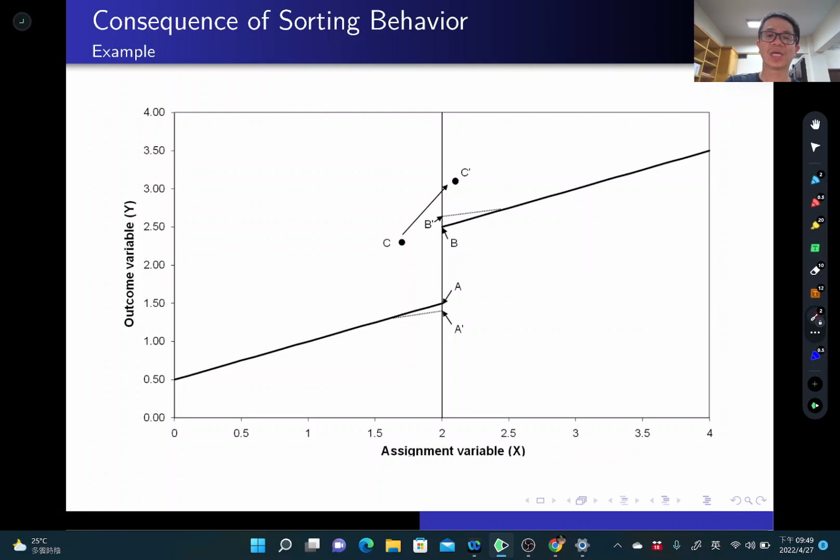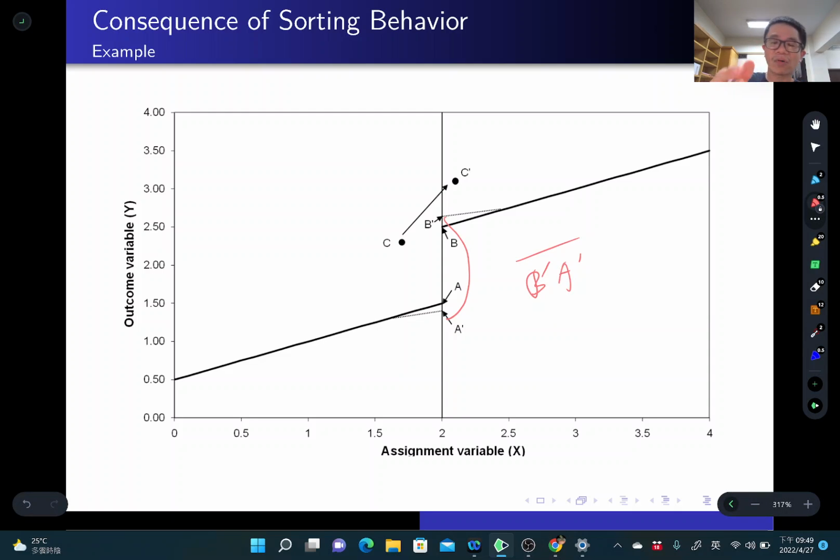Okay, so if individual C changes to C prime, it will make the discontinuity estimate become B prime minus A prime, and that will make the discontinuity estimate become bigger. If the individual C can change his position to C prime, that will bias our estimate.